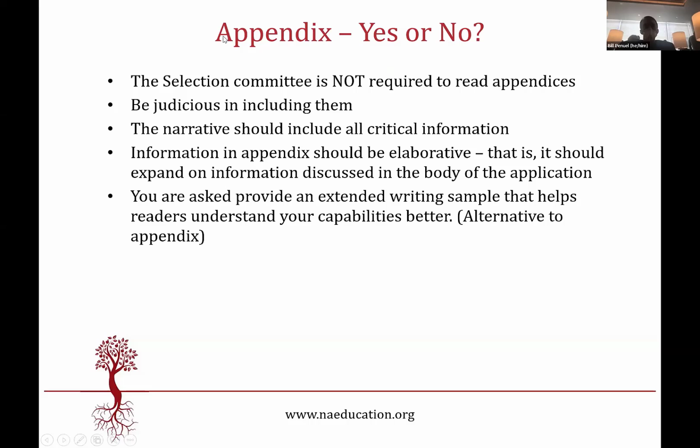So one question that arises is, should I develop an appendix for readers? And remember, I said we're reading a pretty big number of proposals, and the selection committee is not required to read these. So I would use them with real caution.